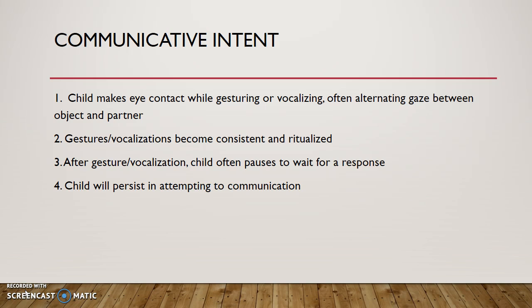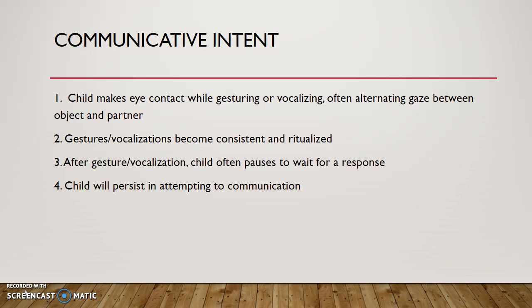We reviewed this in class, but just to make sure you're comfortable with it, when we're thinking about communicative intent, these are some characteristics that we're going to look for when we are determining whether a child is truly being intentional. You'll see some of the joint attention that I mentioned in class, in terms of that shared reference between eye gaze to an object or an event, back to an adult, back to the object, so children are sharing something.